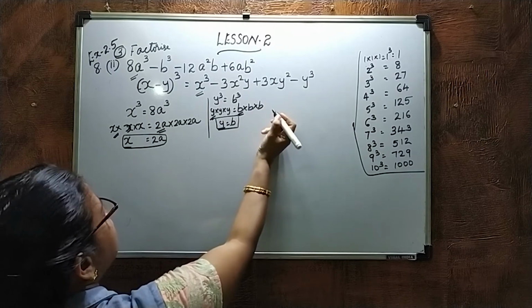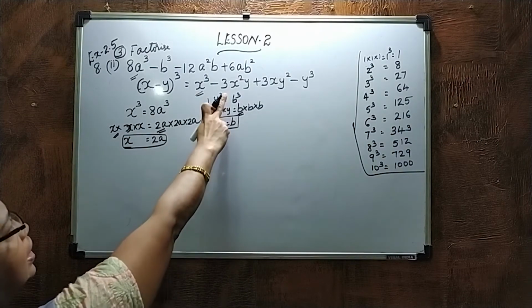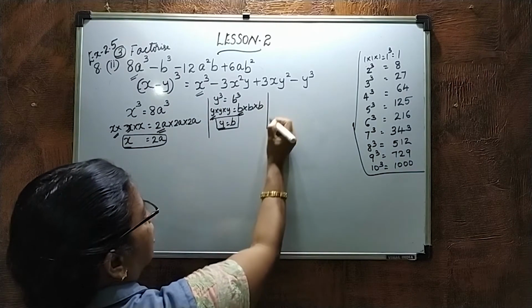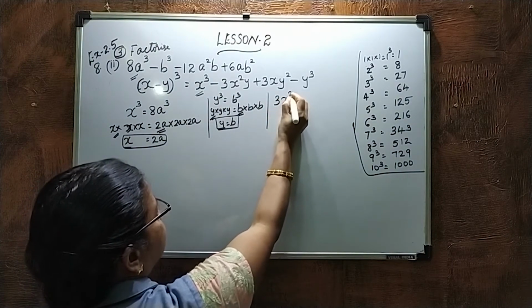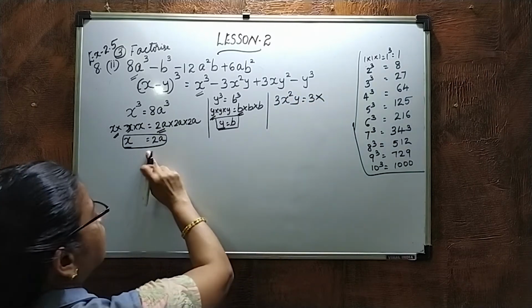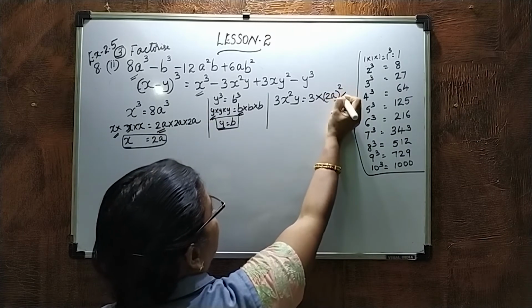Okay, now the next one. Now you got x and you got y. What is the next step? You have to find out 3x square y. So 3x square y equals 3 into what is x? It is 2a square, into what is y?